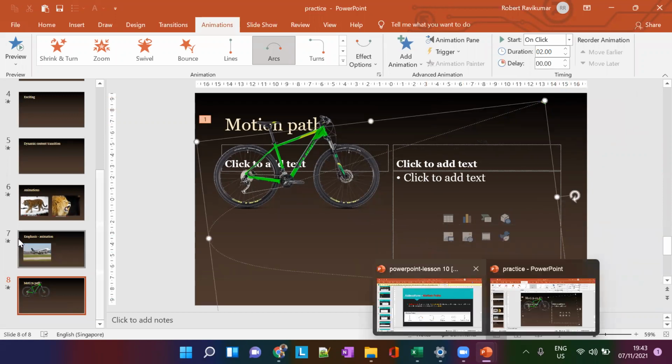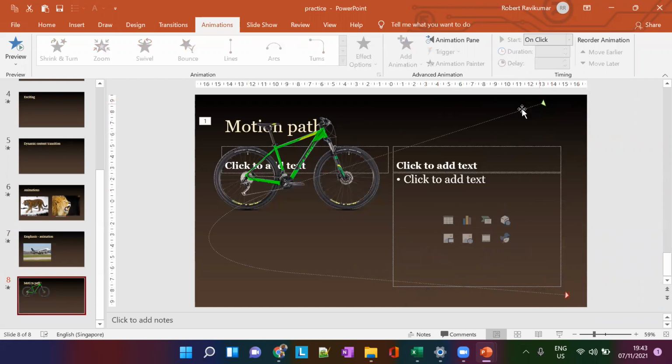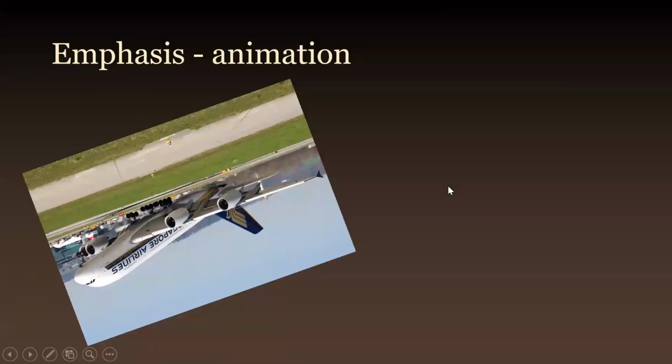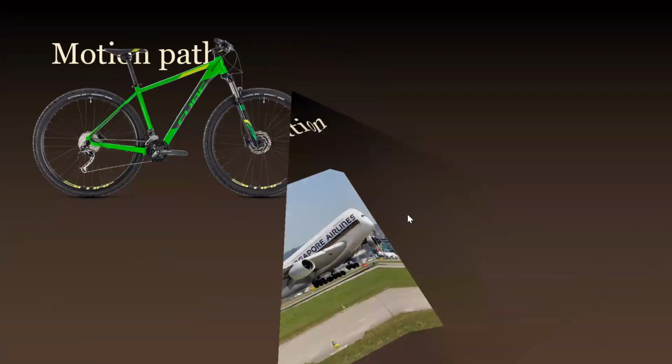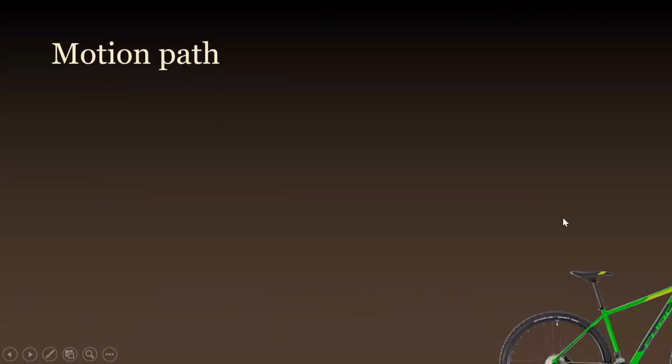Now let's see how it works. You can see the trace. It starts from here, goes around and comes here. Let's see how it's shown in the presentation. Now if I click it, the cycle moves from here to here.